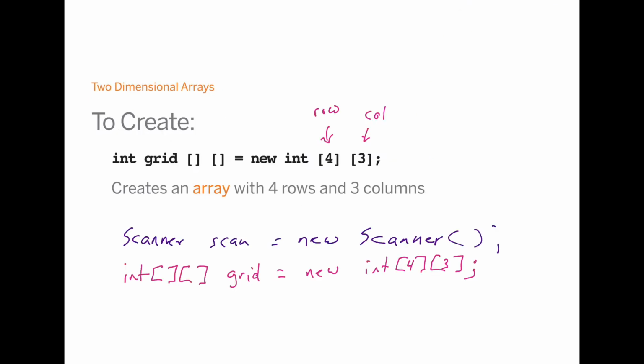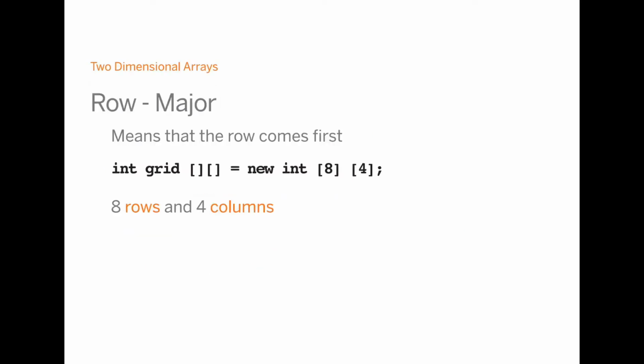Once again, you can do either one of these methods, like that or like that. You can put the square brackets before or after the name, but otherwise it's consistent. In Java, we say it's row major, so the row will always come first. This is always our row, and this number is always going to be our column.